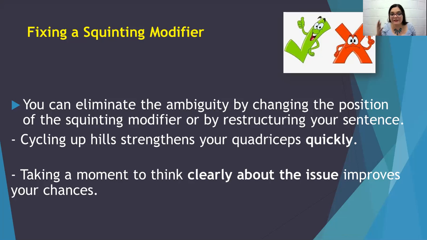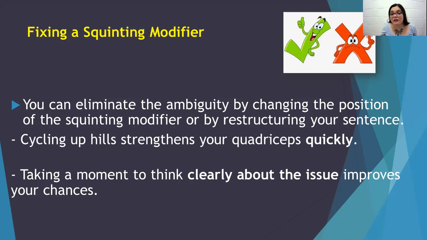Or do I mean that cycling up quickly strengthens your quadriceps? It depends on what you want to say. So you will either place it next to the word it modifies, or you will use the word "quickly" at the beginning to say that quickly doing all this action will result in something.